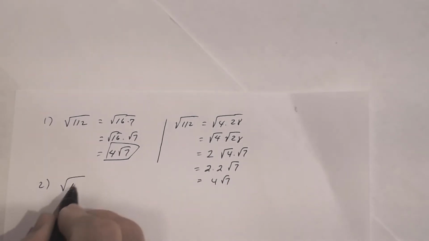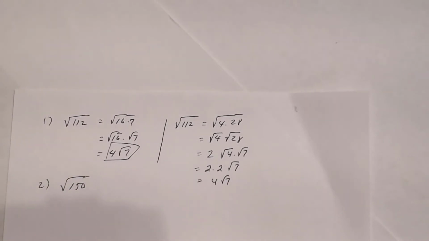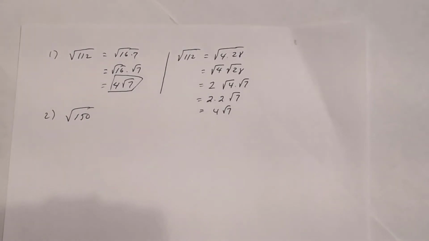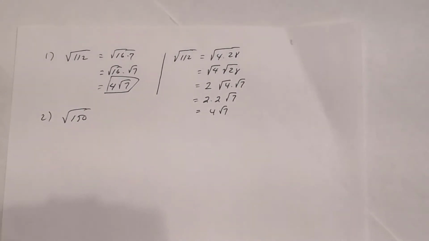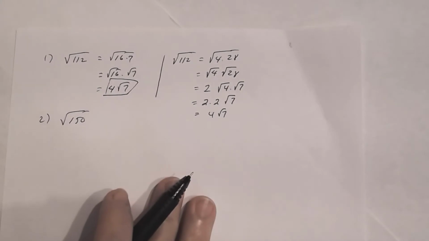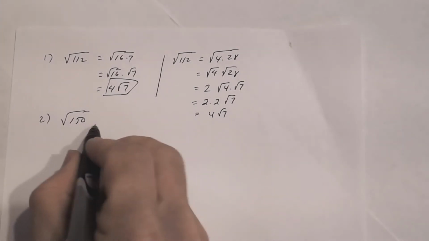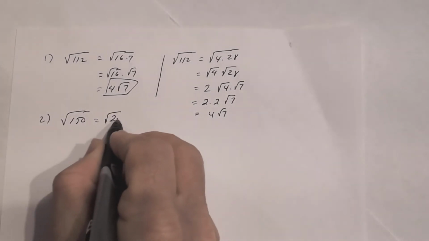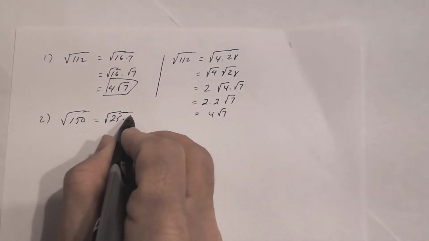Number 2, we have the square root of 150. So the same idea, we're going to pick the largest perfect square that goes into 150. And in number 2, the largest perfect square that goes into 150 is 25. So I'm going to write this as the square root of 25 times 6.